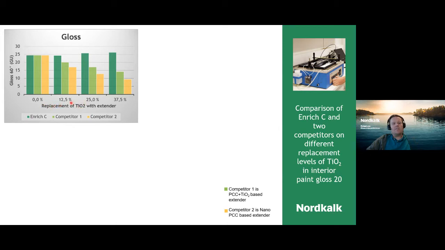Already when just replacing titanium dioxide, whereas on the slide before we saw that we can also replace binder with Enrich, but here we only replace titanium dioxide, and already we see that the gloss is reduced. Somehow the gloss should get back to the same level, but it's not so easy.